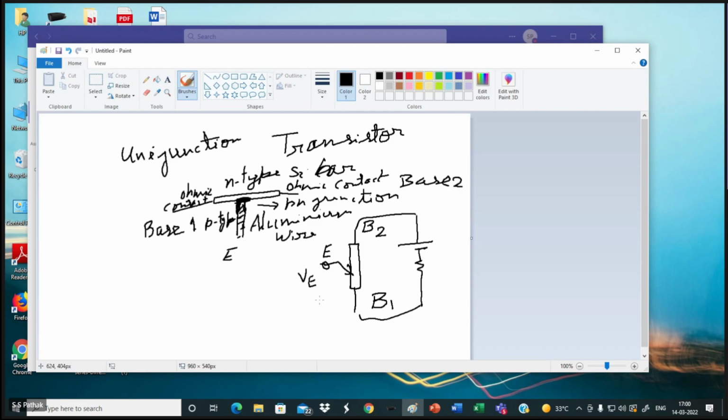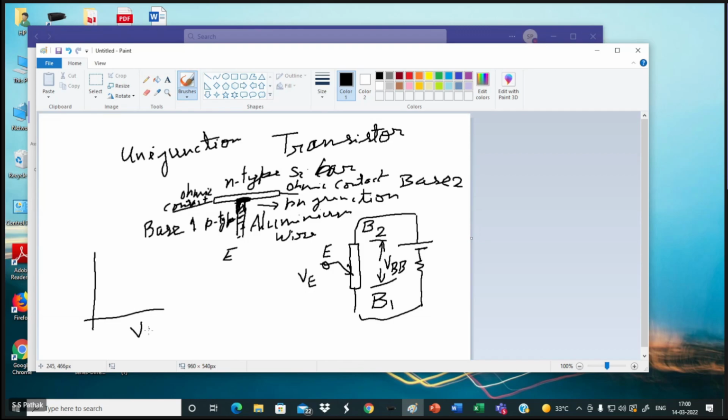With respect to VE, we will be plotting the voltage. Which voltage? This voltage between B1 and B2. This we call VBB. So in the characterization, we plot like that.